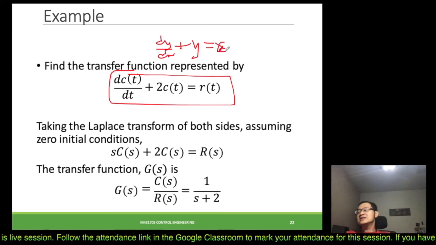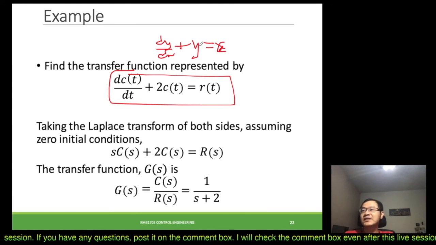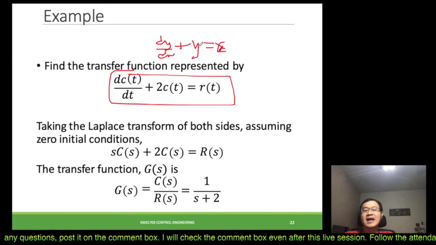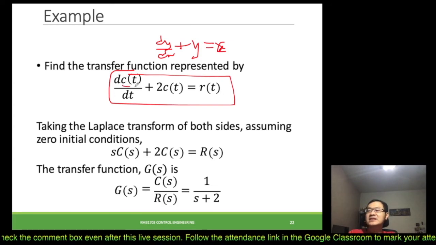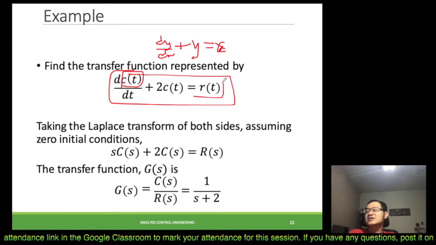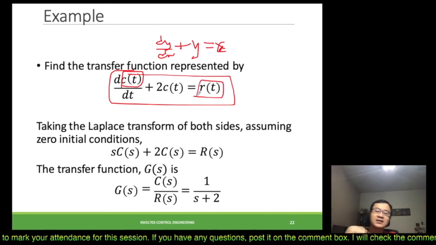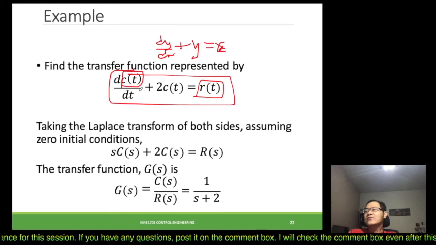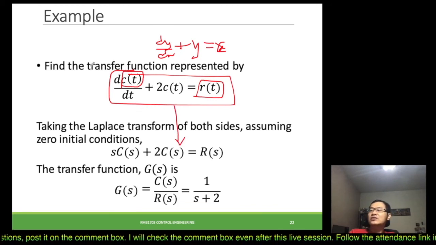So the first thing you need is to identify what the input and the output are. Here, c is the output, the response of the system, and r is the input.